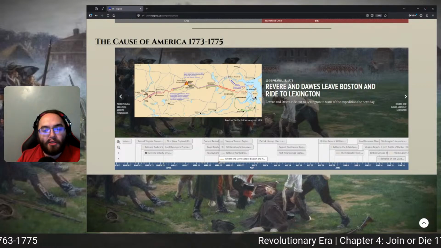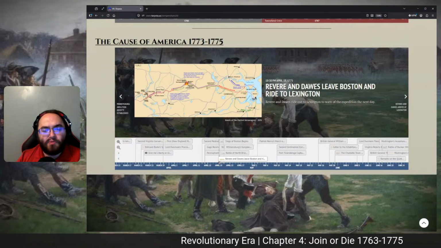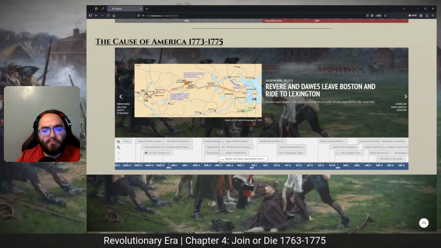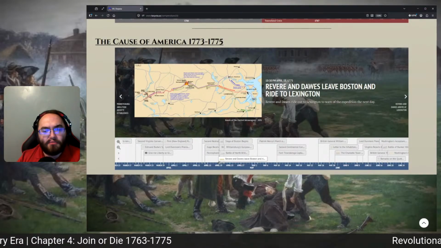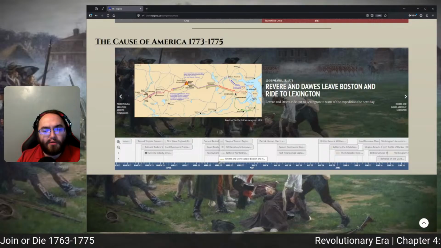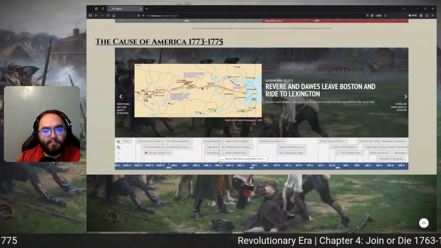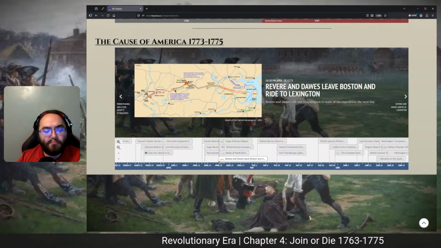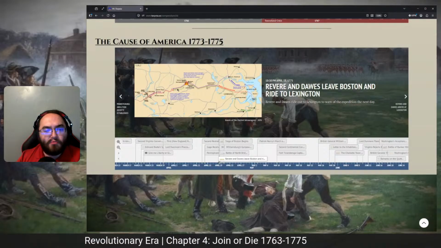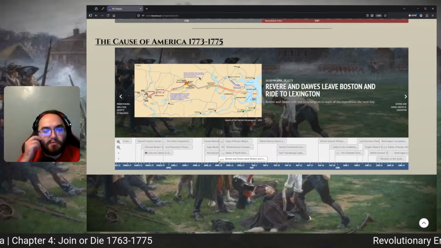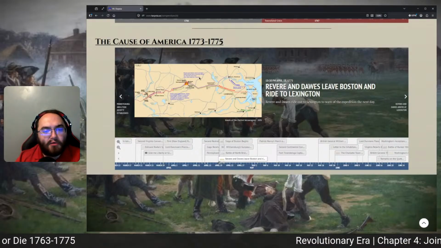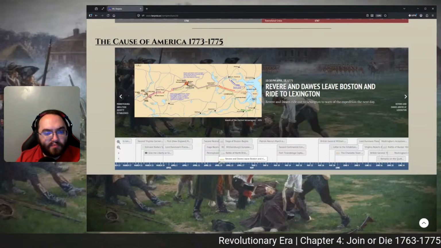And the British do something weird. They go by boat, travel to the land, and then they walk all the way over here. And so Revere and Dawes reach Lexington before the British leave Lechmere Point. Dr. Prescott joins them, so it's 3 men.